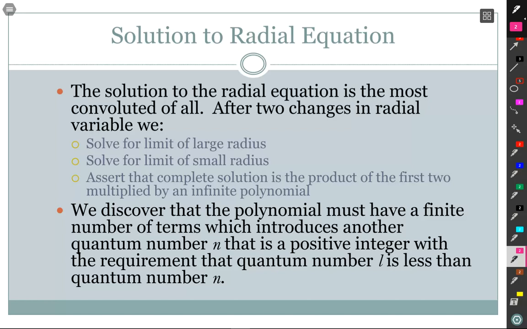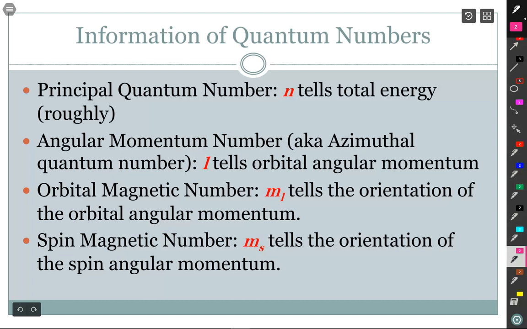And putting in that termination is where n came in. And so that gives us our 4 quantum numbers that we need to describe our hydrogen atom.